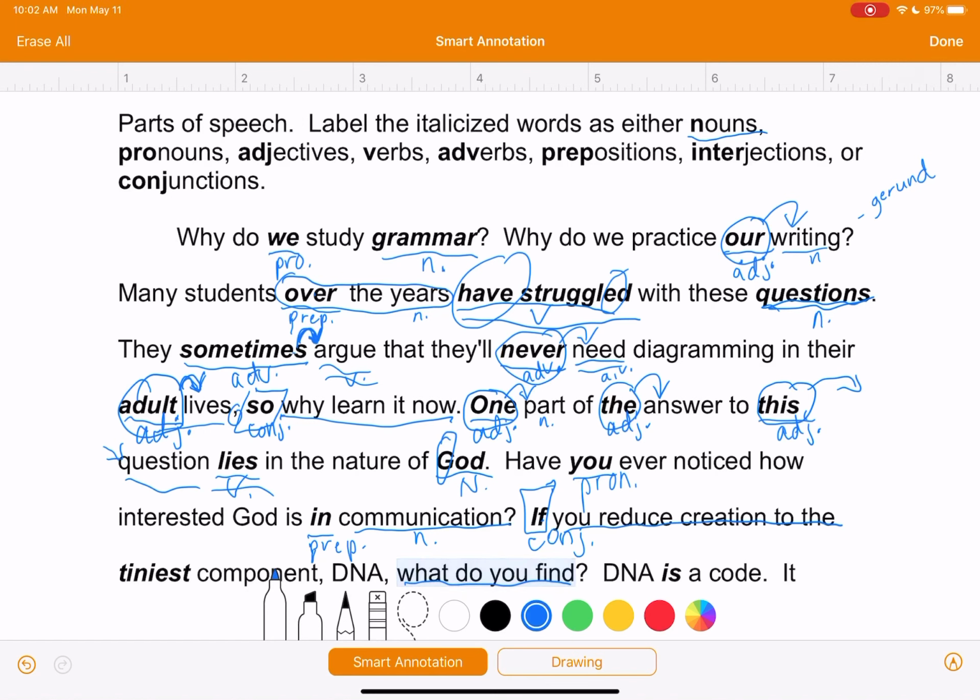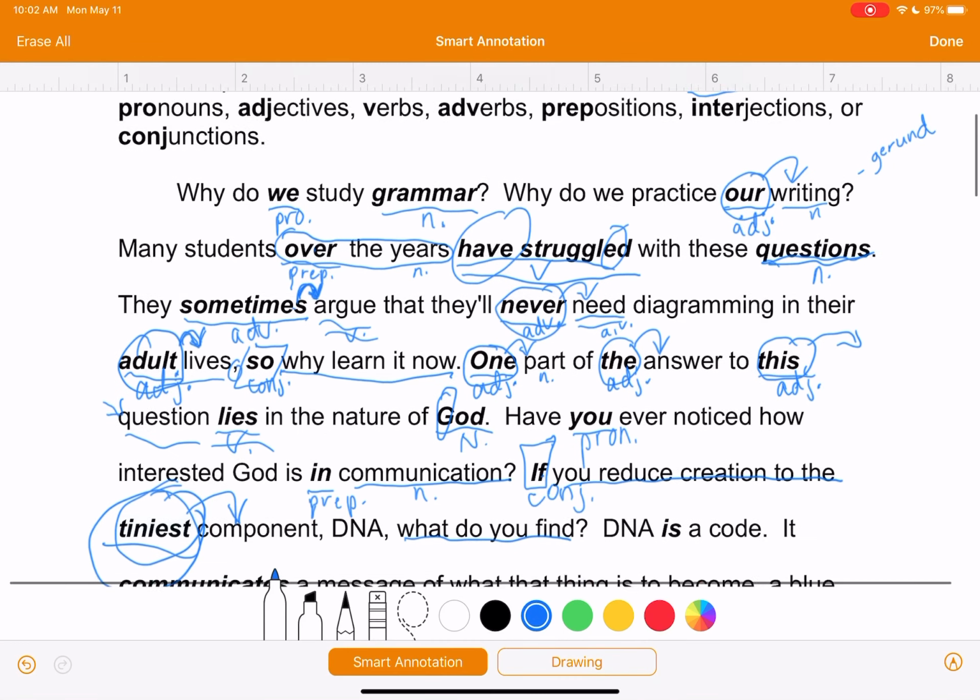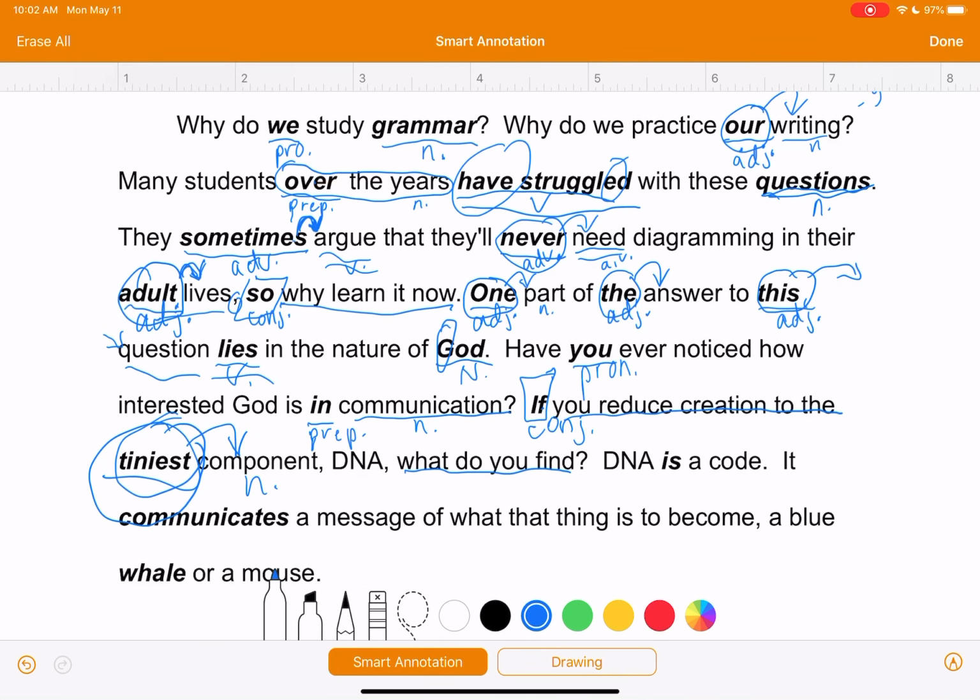Okay, but I skipped tiniest. Tiniest is modifying the word right next to it, component, which is a noun. So what kind of word modifies a noun? An adjective. Okay. Is, hope you all know by now, that is a verb.